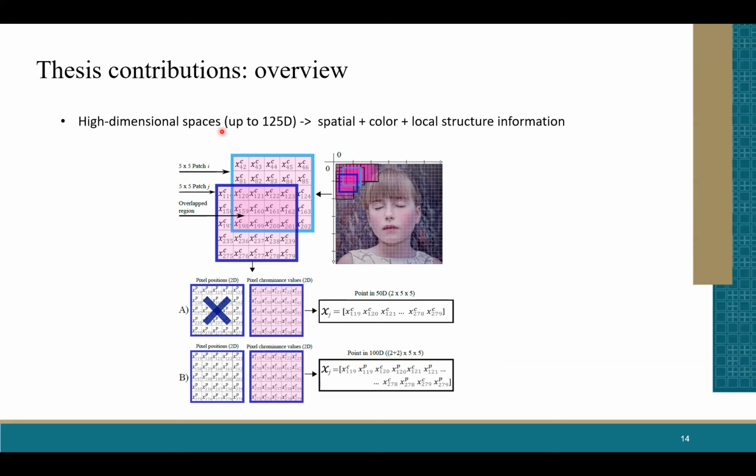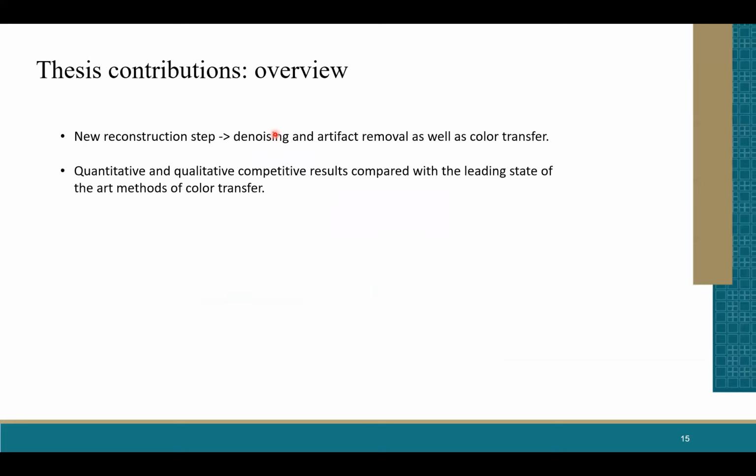In our experiments, we solved problems up to 125 dimensional space. Our high dimensional construction implies a new reconstruction step, and due to this step, it allows denoising and artifact removal as well as color transfer. We conducted an extensive experiment and evaluation using numerical metrics, summary descriptive statistics, statistical significance tests, and visual analysis too.